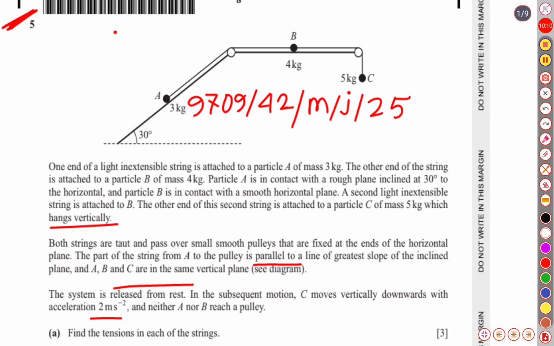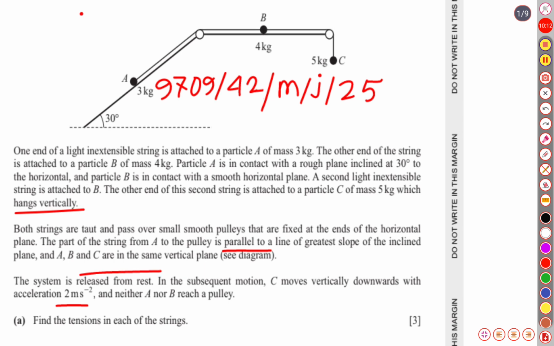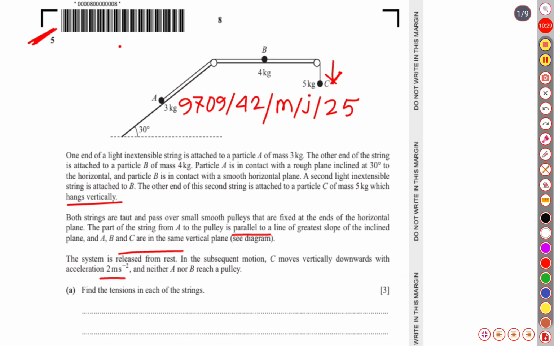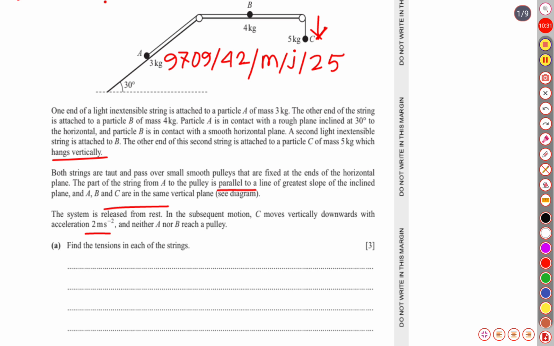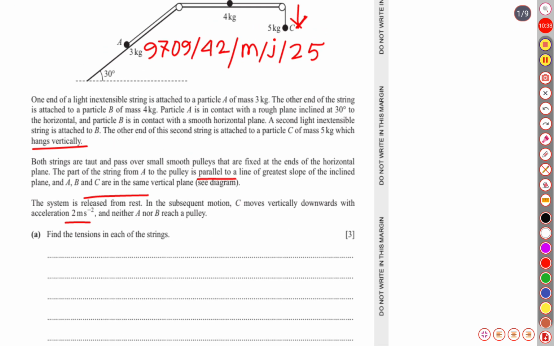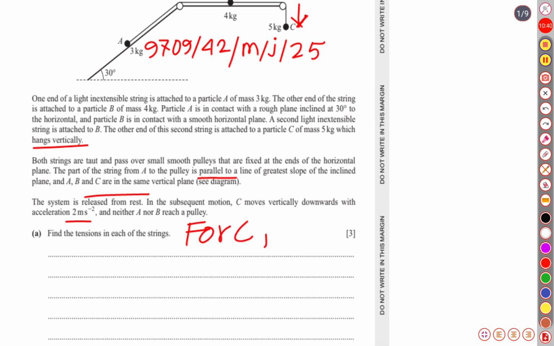So let us start our solution. We can start our solution with particle C, and for finding tension we apply the concept of the motion law of Newton. So for C, start with C. C is just hanging downward. We will write for C, as it is moving downward.